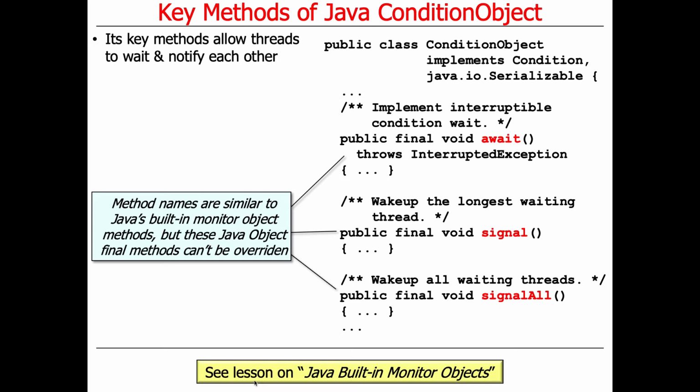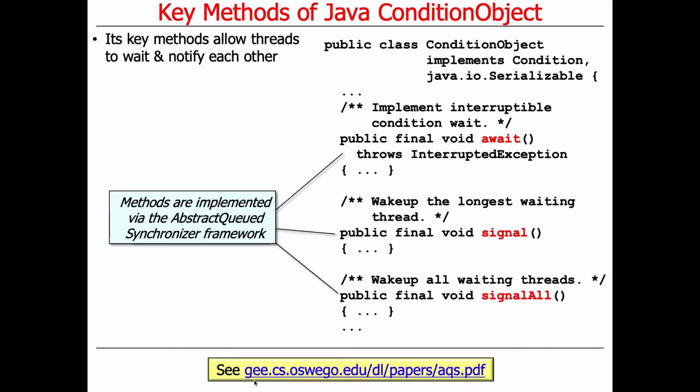So they had to invent new names, which turns out to be very complicated and confusing. And invariably, you will get confused and use wait where you should use await, or notify where you should use signal, and notifyAll where you should use SignalAll, and so on. And there's no way for the compiler to stop you from doing those things because those other methods are already baked into the API of every object, which is confusing.